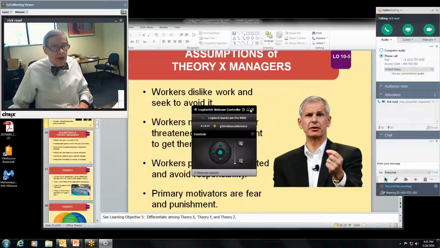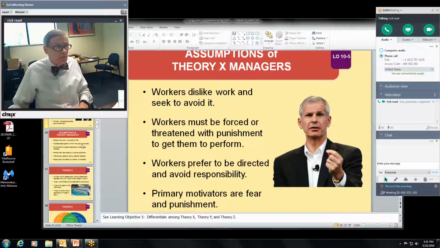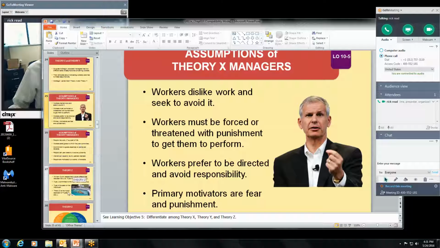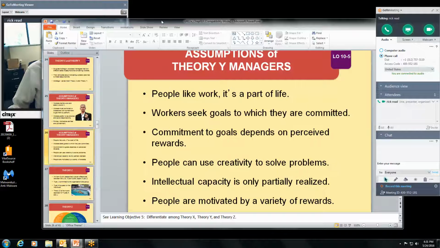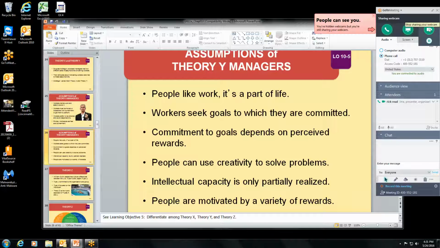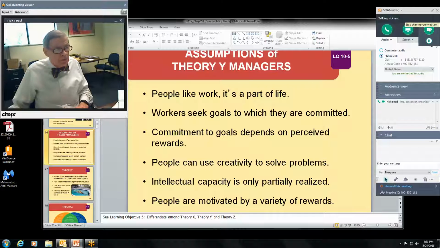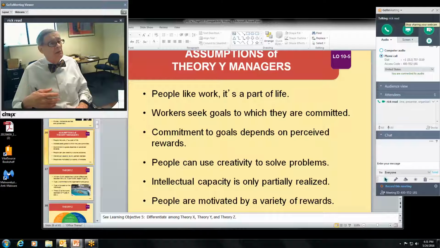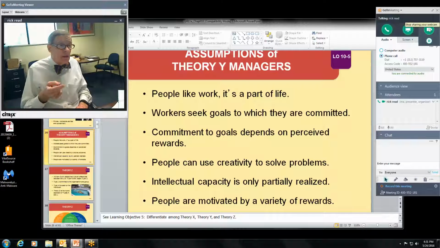The flip side of that, according to McGregor, is the theory Y manager. And the theory Y manager accepts the premise that people enjoy work just as much as they do play because it's a natural part of life. They like to have goals, and they're committed to goals. They want goals that are challenging, to challenge their ability. They are creative.